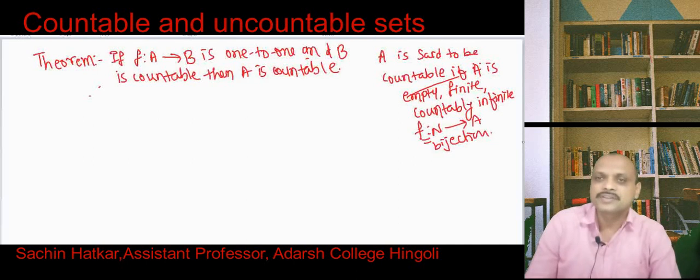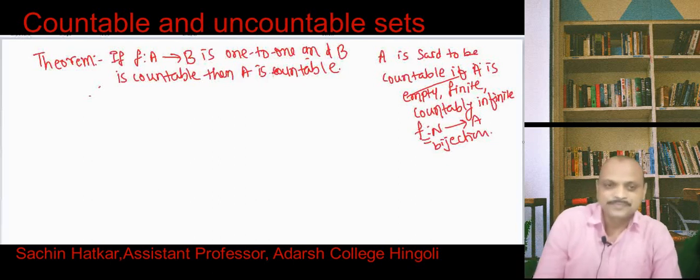Bijection means the function should be 1 to 1 and onto, but in this theorem we have only one condition, that is 1 to 1. When this function is 1 to 1 and the codomain set is countable, then the domain set is also countable.